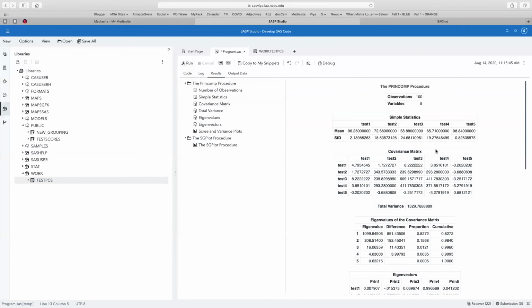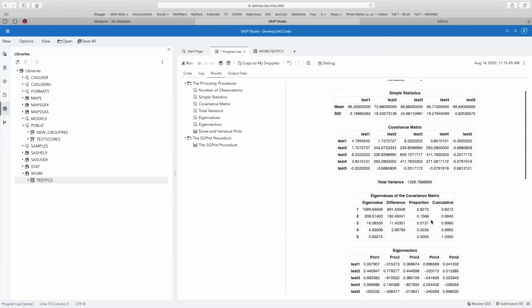Now I'm given the covariance matrix, the eigenvalues of the covariance matrix, and now, interestingly enough, how much variance can I explain with 2 principal components? 98%.